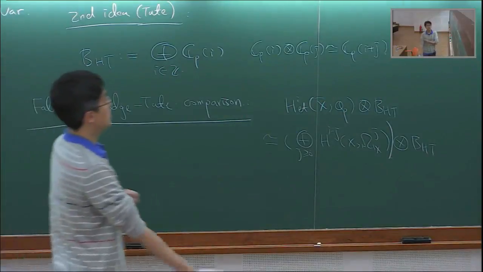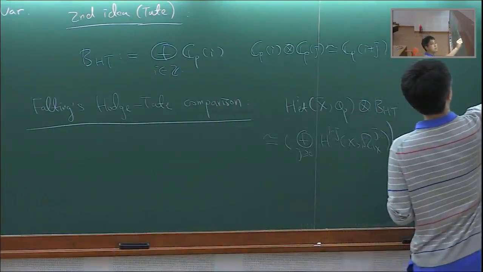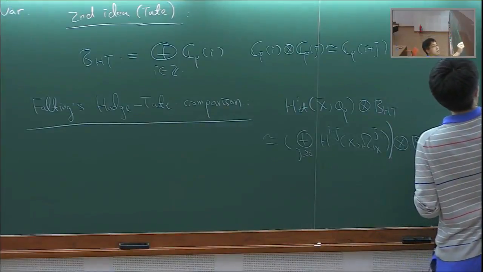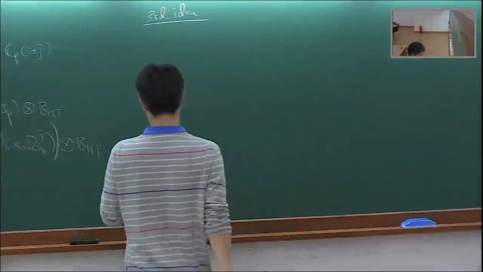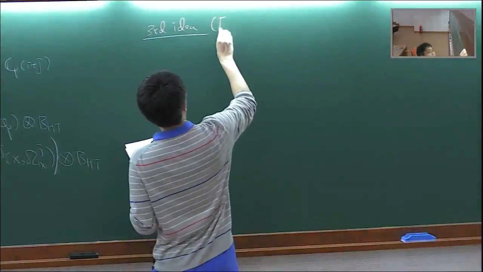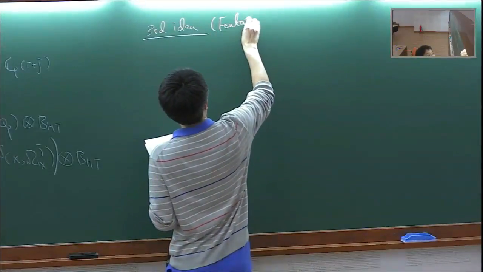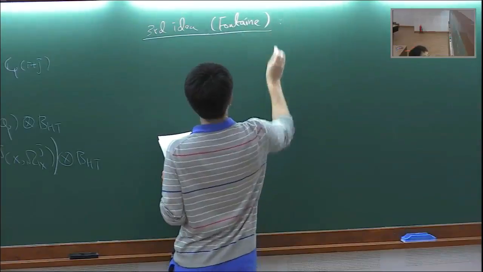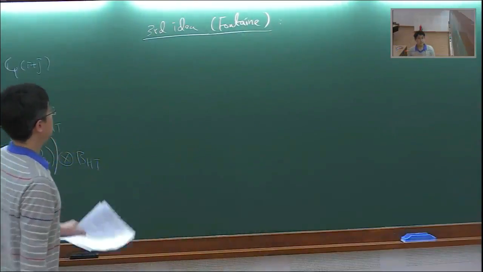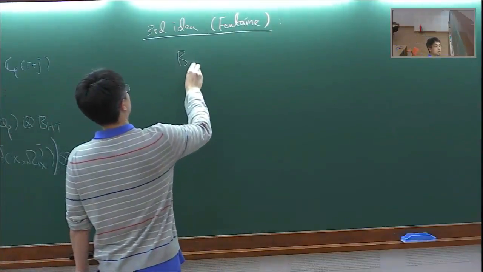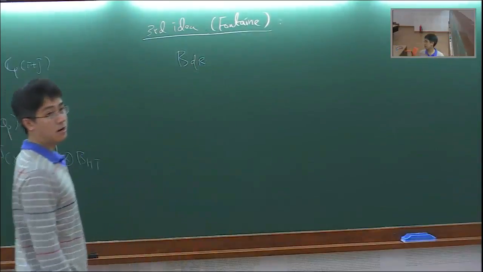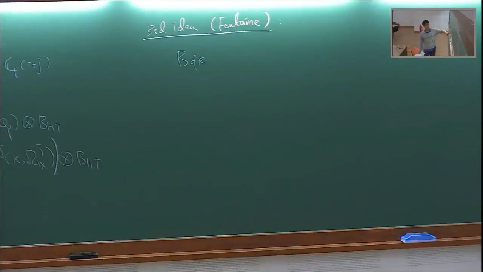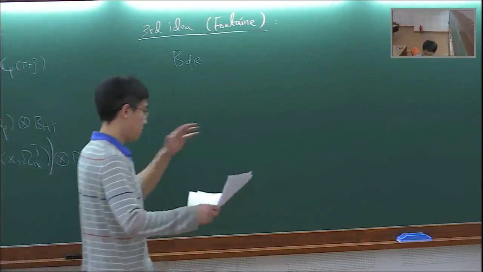Then we come to the third idea, due to Fontaine. So the idea is that we now construct something which we call B_dR. Because we have this Hodge-Tate comparison, and this is the graded piece of the de Rham cohomology, and de Rham cohomology has a filtration, right?